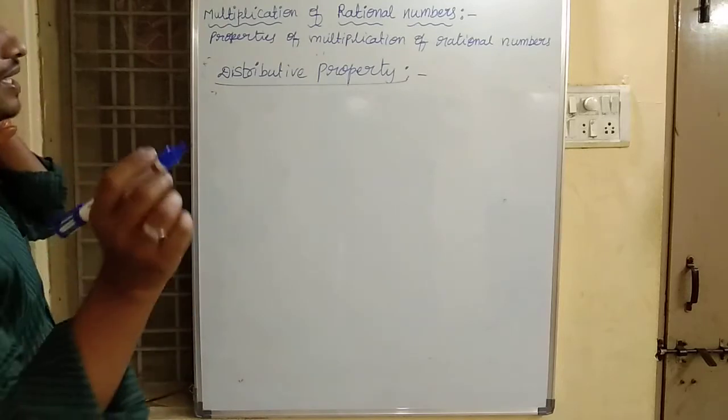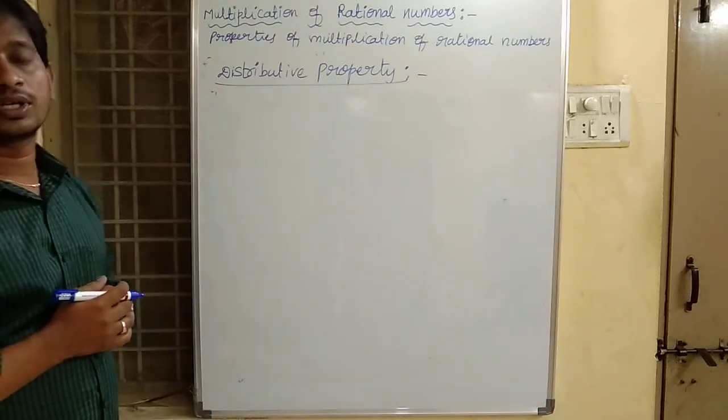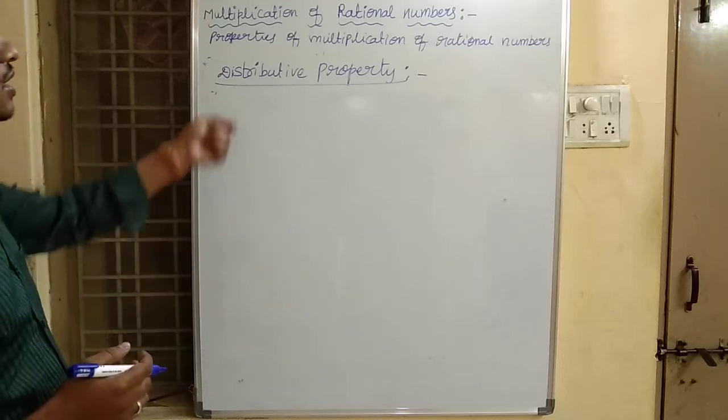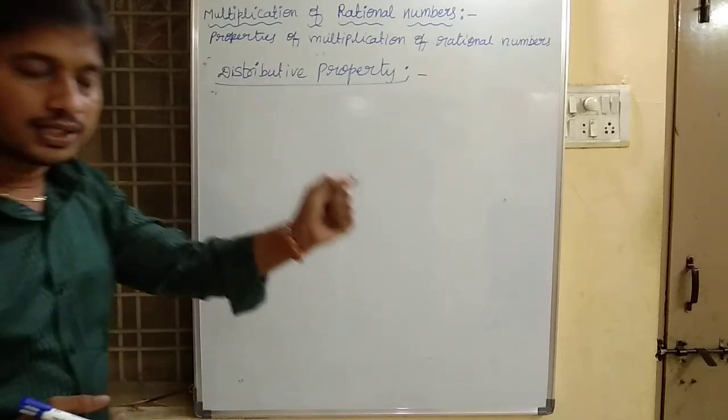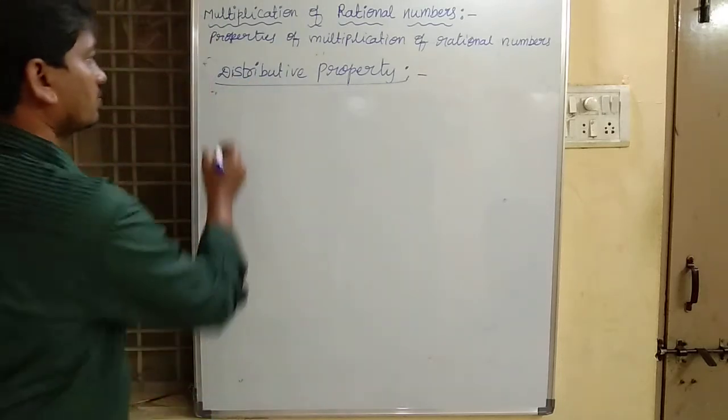The multiplication of rational numbers is distributive over addition and subtraction. What is that?